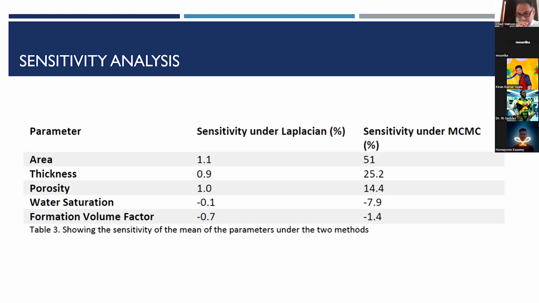Now, remember, I'm looking at the sensitivity of the mean, because we're looking at the expectation value. Under the MCMC approach, when I plugged in values, if you change the area by 1 unit, you have a sensitivity around 51%. So the area seriously affects it, and large changes in the area can affect your outcome for the MCMC algorithm.